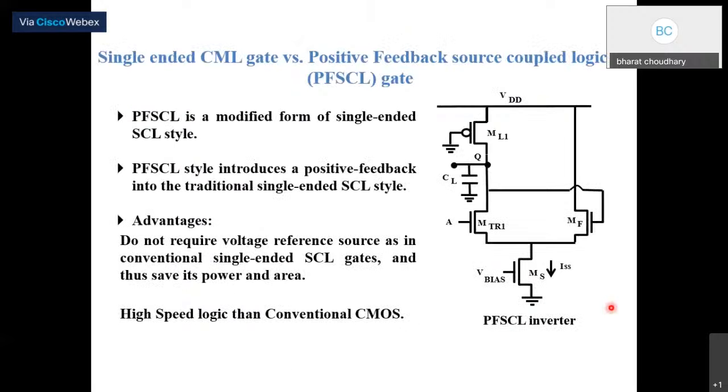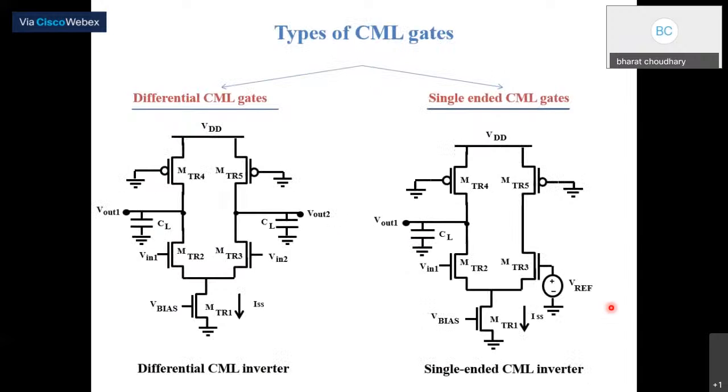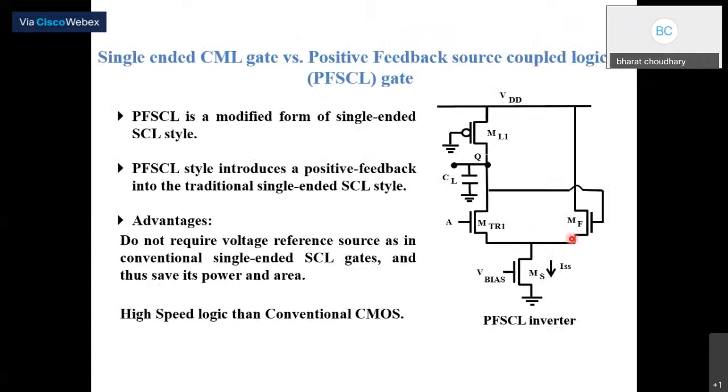This is fed back to the second transistor. This is called a positive feedback source coupled logic gate, and this is all about current mode logic.